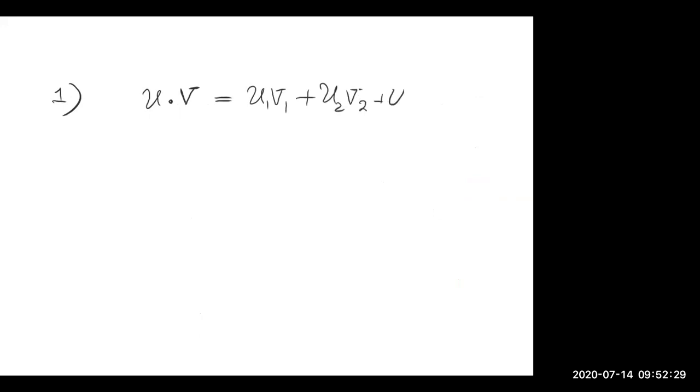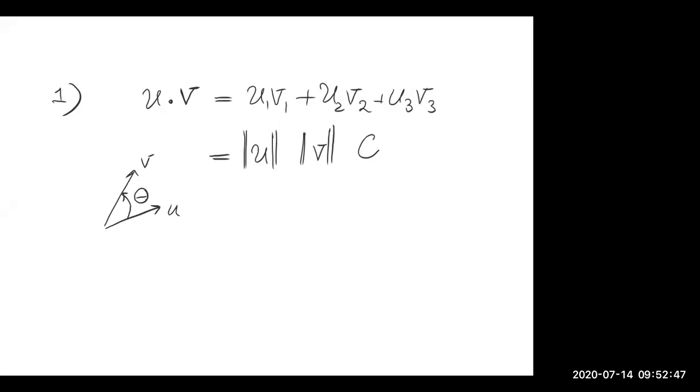There was another way of computing inner product. It's equal to length of u times length of v, if we have two vectors, u and v. And then we should look at the angle between them. If it's theta, we should multiply it by cosine of theta, right?